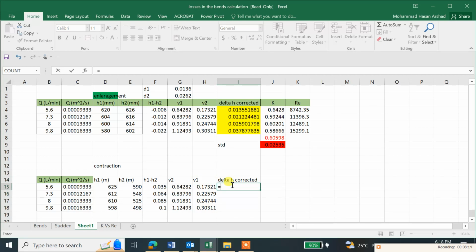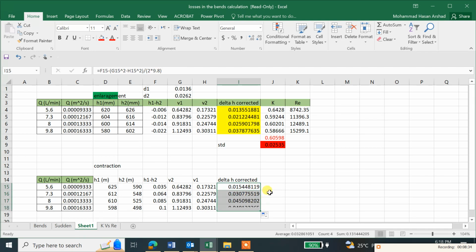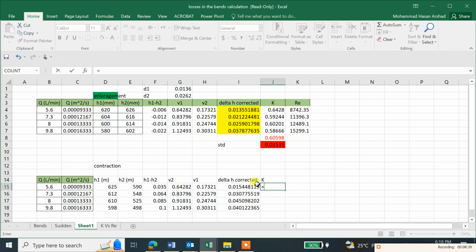So the correction will be delta H measured minus, we subtract in this case, V2 square minus V1 square divided by 2g. So this is the corrected one. The loss coefficient K will be delta H corrected divided by, again, the high velocity V2 square over 2g.